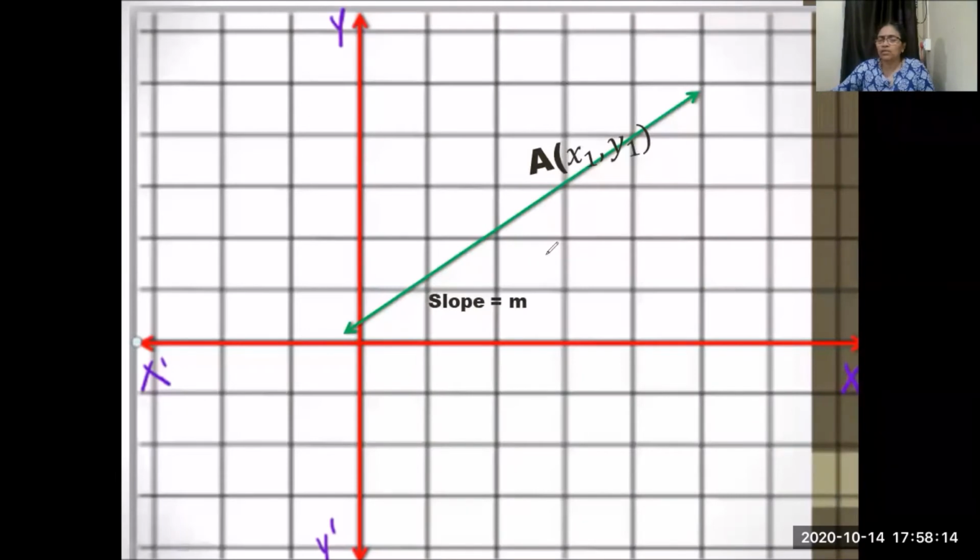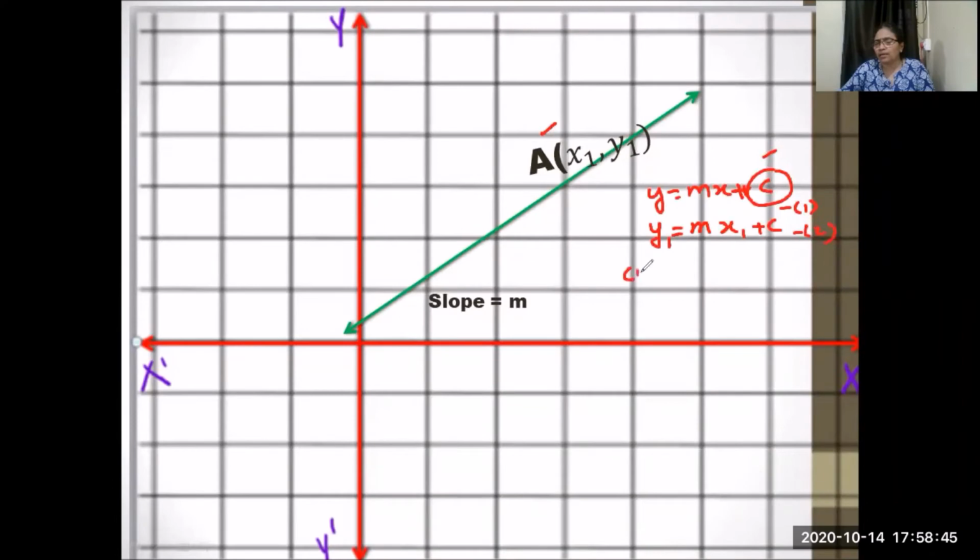If the slope is m, then we know that the slope intercept form is y is equal to mx plus c. And here the y-intercept is unknown. But we know the value of one point, that is x1, y1. So I'm going to put the values here. We get y1 is equal to mx1 plus c. To remove this c, let me take this equation as 1 and this equation as 2.